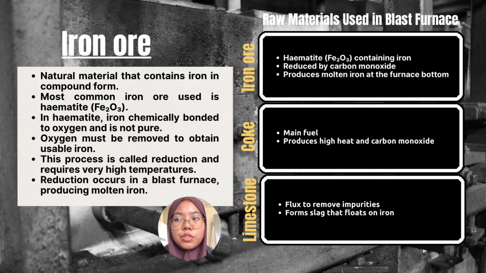As for the limestone, it is mainly calcium carbonate that acts as a flux to remove impurities and also contamination. The reaction will form a slag that floats on top of the molten iron, so that it can be easily removed, leaving pure molten iron.